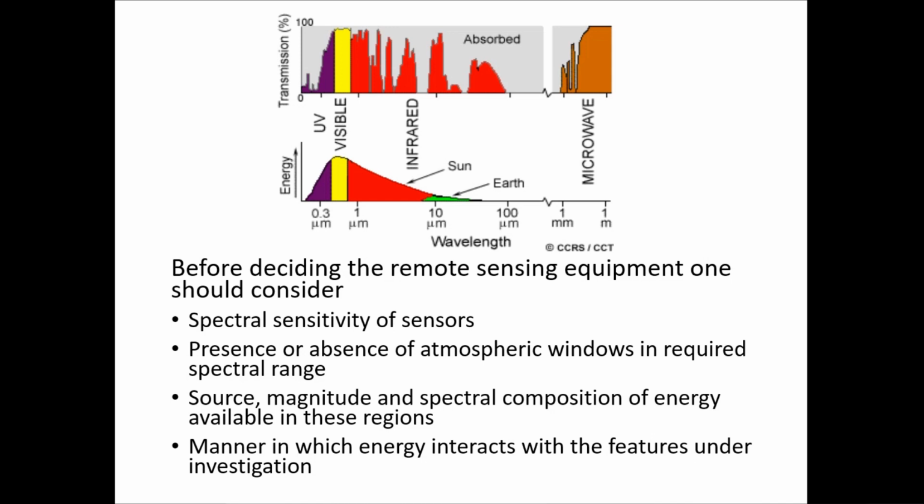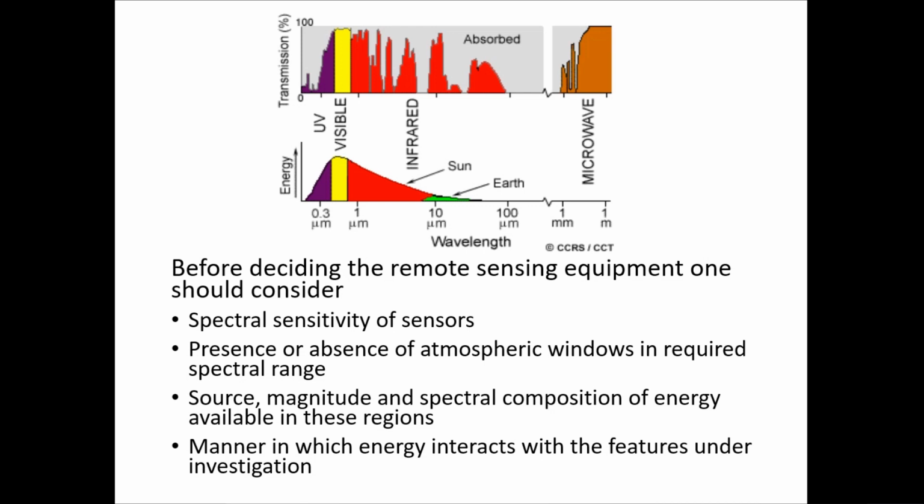Also, the heat energy emitted by the earth corresponds to a window of around 10 micrometer, that is in the thermal IR portion of the spectrum. Can you see here? Thermal IR. In the thermal IR portion, the transmission is very high. The dominant wavelength of the earth features is around 10, right?